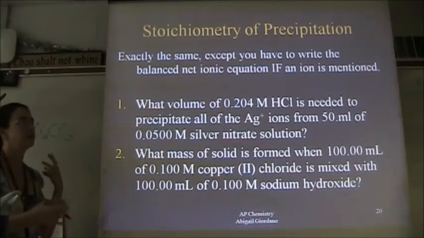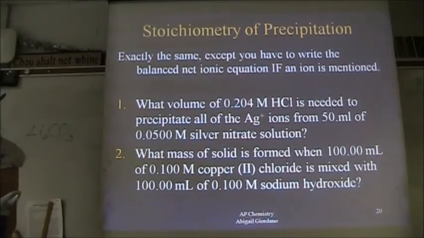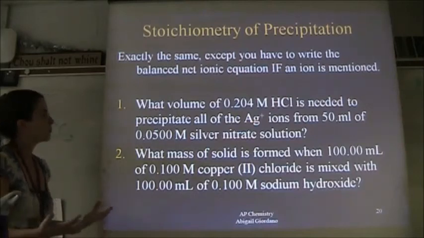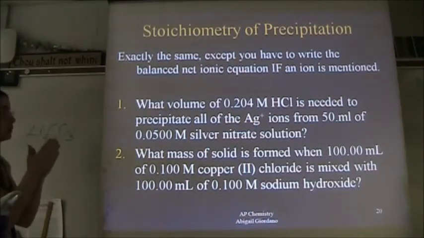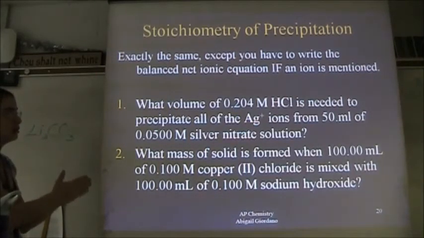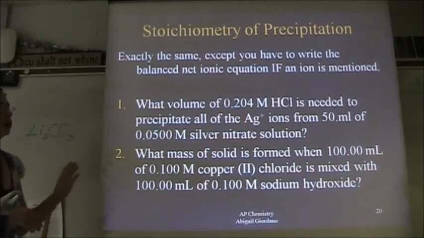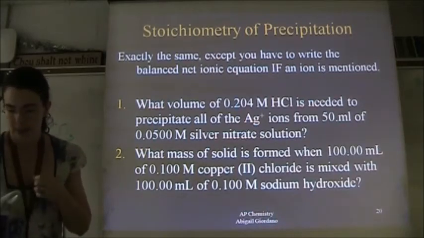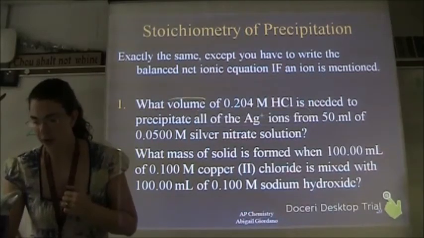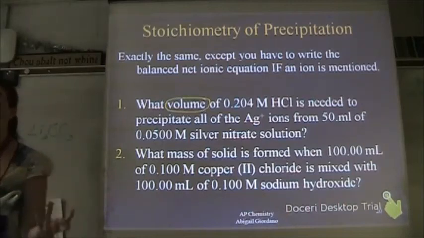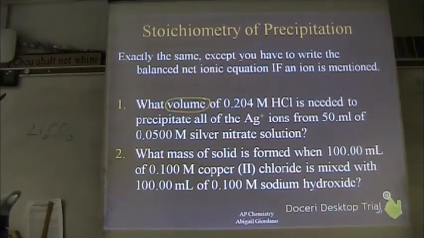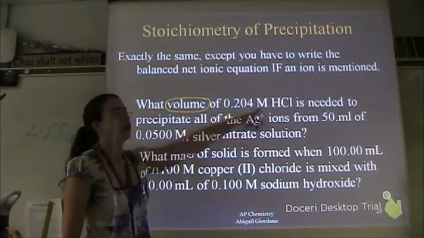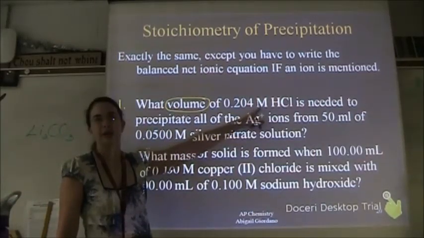I'm always trying to model how you break these word problems down into manageable pieces. So it says, what volume of 0.204 molar hydrochloric acid? Stop right there. I'm going to circle the word volume because that is my unknown. That's what I'm trying to solve for. We are given the molarity.